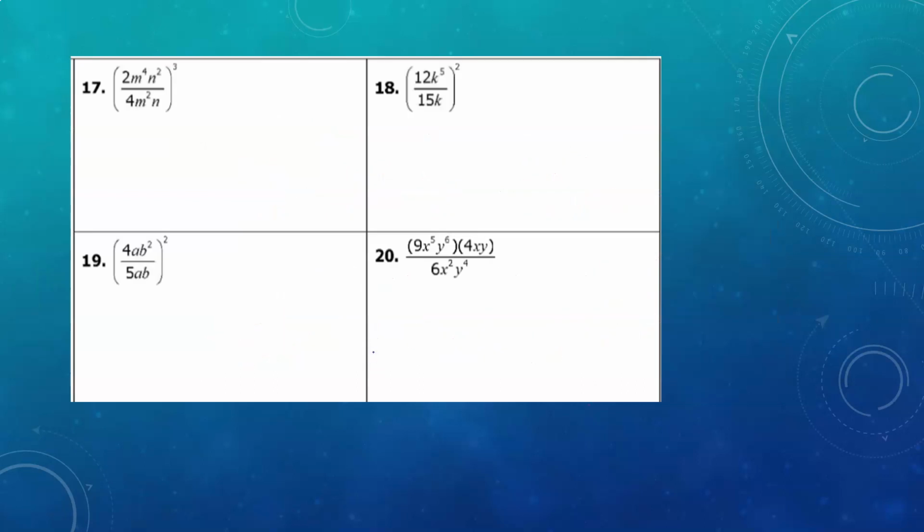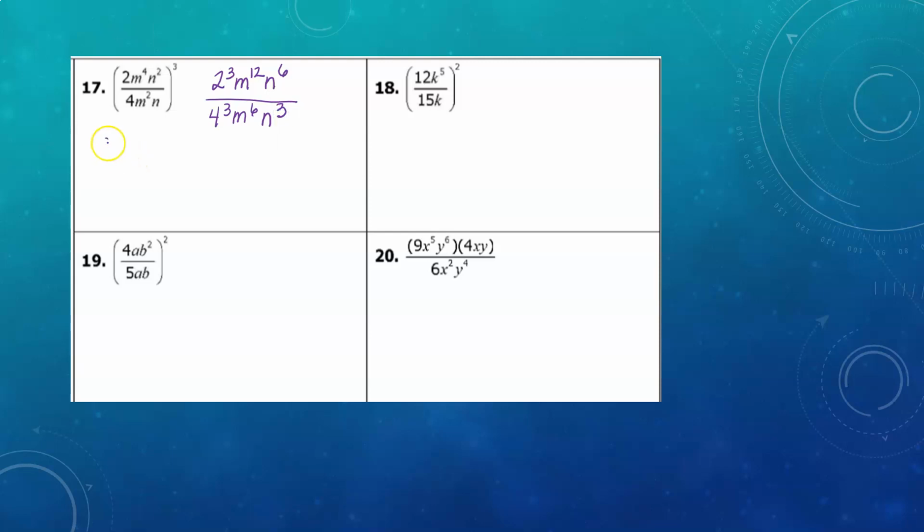Moving on. So this means we take everything to the third power, both the numerator and the denominator. So I'm going to take 2 cubed m to the 4 times 3 power is m to the 12th, n to the 2 times 3 power, which is n to the 6th, divided by 4 cubed m to the 6th, n to the 3rd.